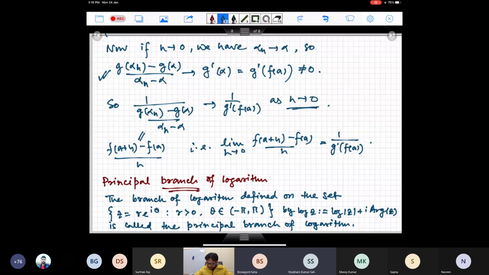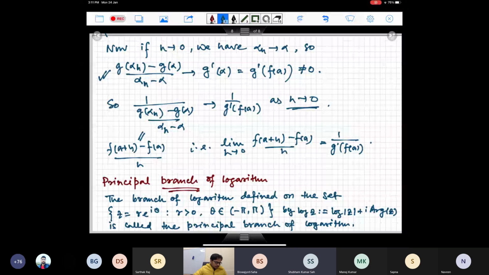Okay, so that is the reason why one takes this particular logarithm, and it is called the principal branch of logarithm. Of course, if I put z equal to r e power i theta, where theta is the principal argument, then this is nothing but log of r plus i theta.